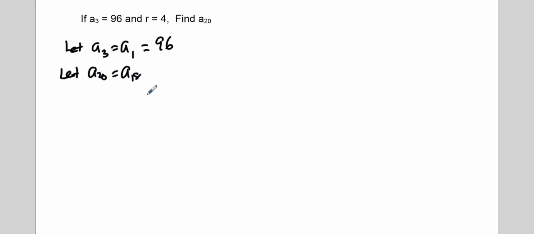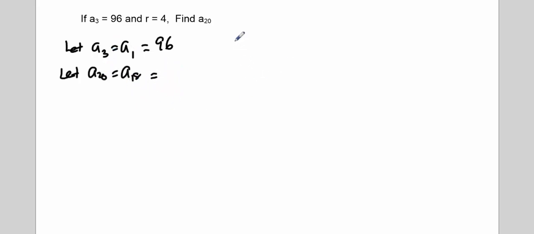Little plug and chug now. I'm going to use the same trick I used in the arithmetic process. I'm going to let the third term equal the first term, which in this case is 96, and then let the 20th term equal the 18th term, because that's 2 less in terms, and solve for the 18th term.